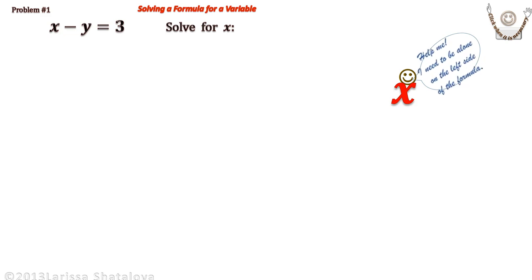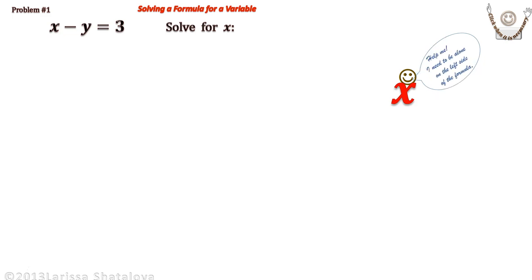The same problem number 1, and we will use a more formal approach. x - y = 3. This is just an equation, but if we use an equation more often, we can call it a formula. And this time we have a request to solve for x.